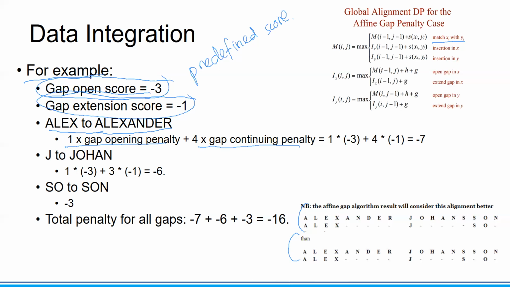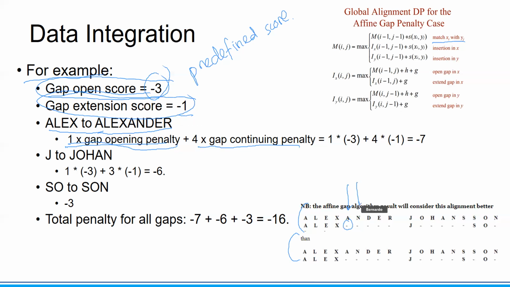Then I would like to check how many penalties I will consider. The opening penalty here is already 1, and if it is already the first and the opening is different, then I will give the higher penalty, and the extension will be just -1.